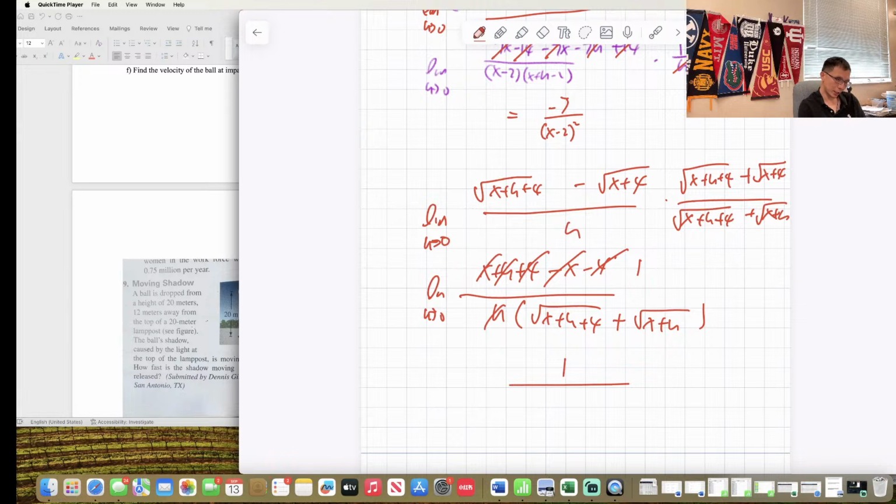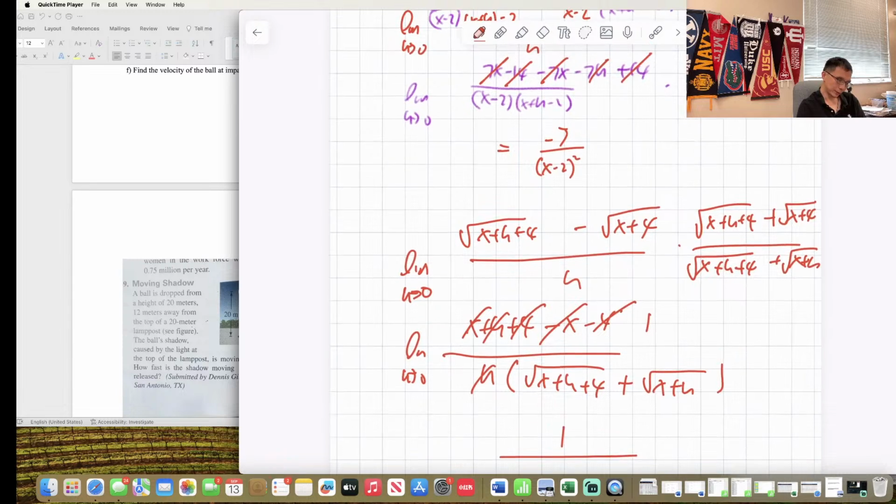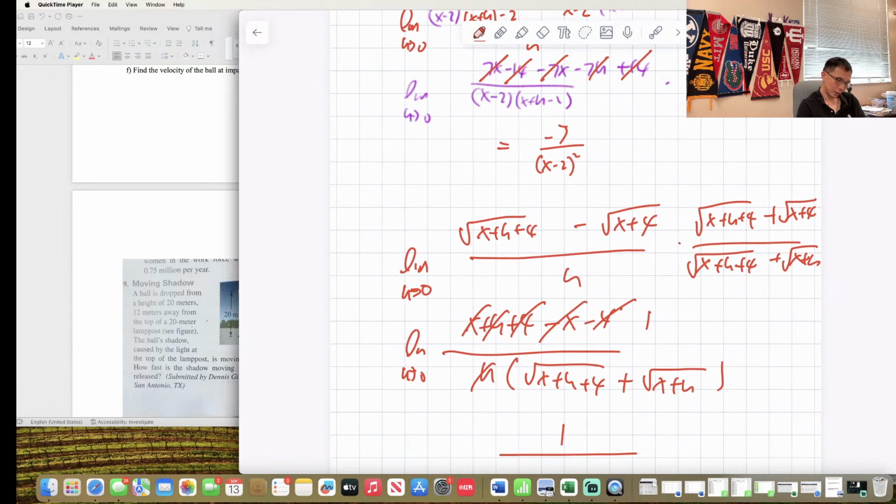This one is an x plus h, right? So x plus h. Wait, hold on a second. So this one's x plus h plus 4 minus x. This is a 4, right? Yes. So it's a plus 4, right? Oh no, minus 4.